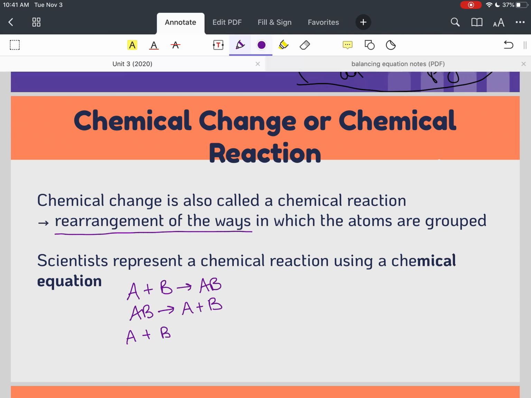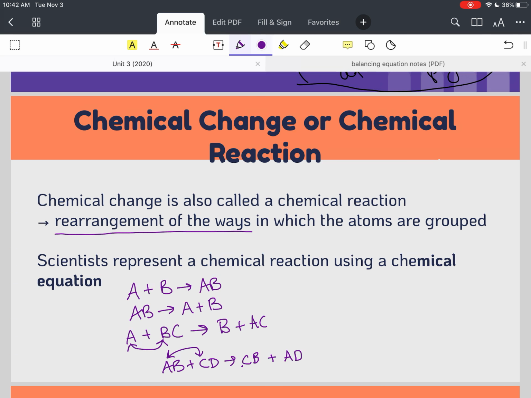I also have replacement reactions, where see how A and B have kind of swapped places? So this is like a single replacement. I have one where like A and C can swap. Okay, so there's lots of different types of reactions that we can look at using a chemical equation.